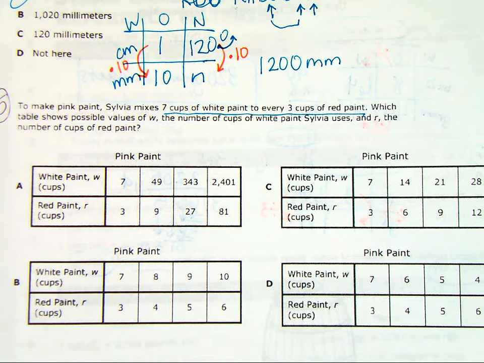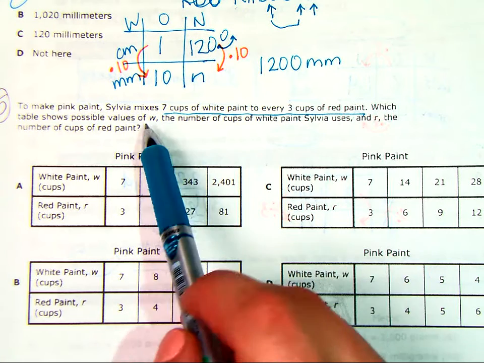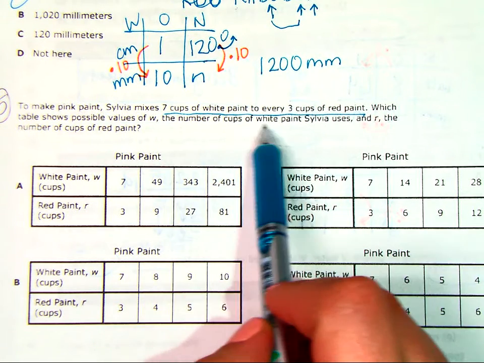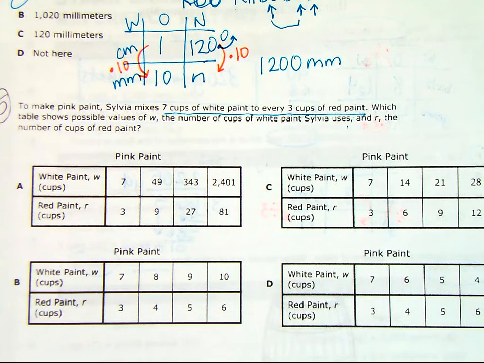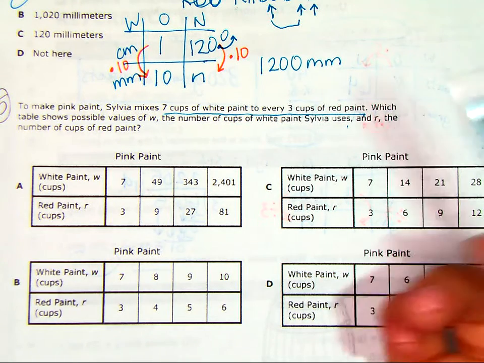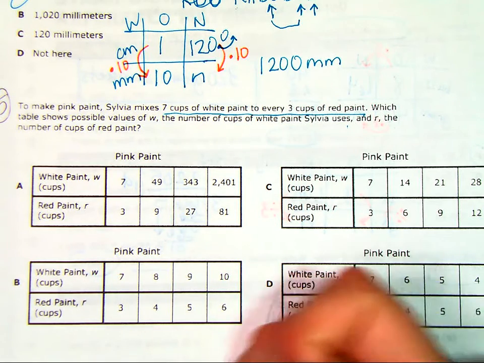Which table shows the possible values of white, or W, the number of cups of white paint, and R, the number of cups of red paint? So remember that equivalent ratios have to show a relationship through scale factors or multiplying.